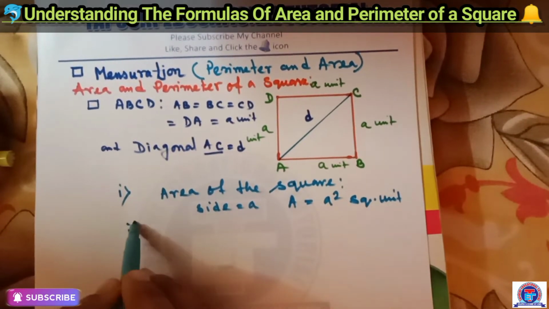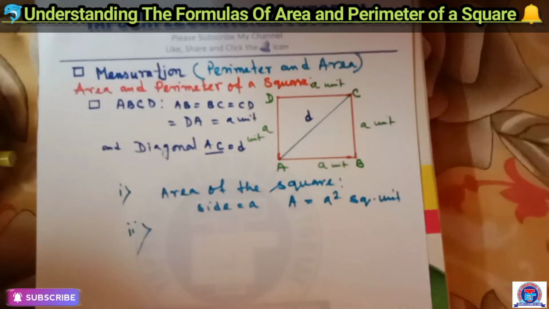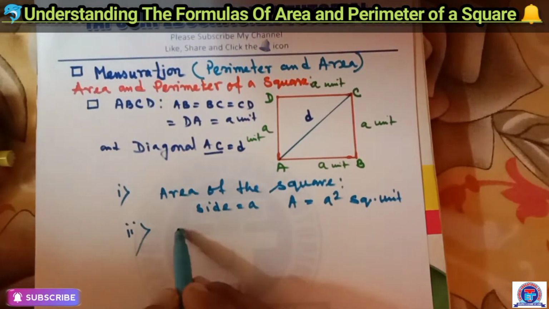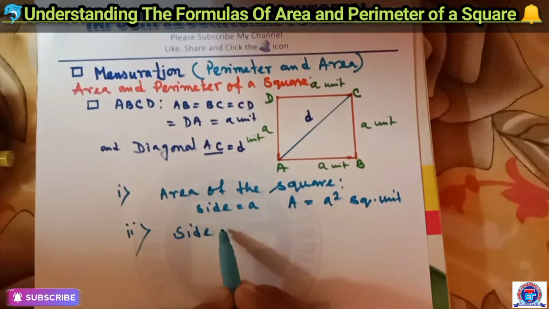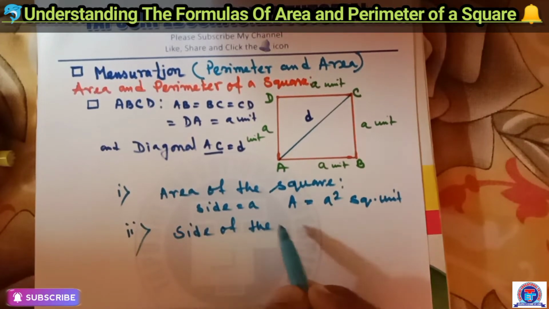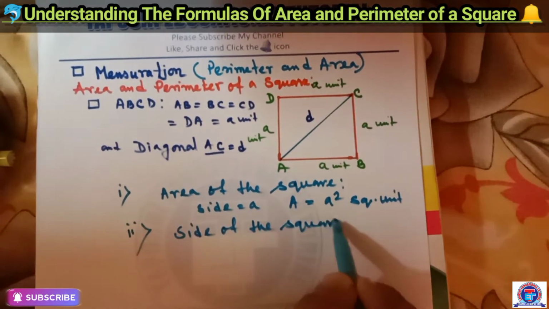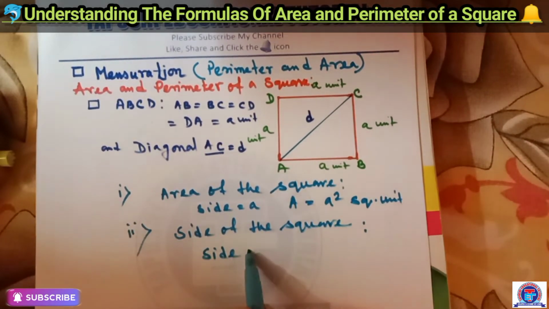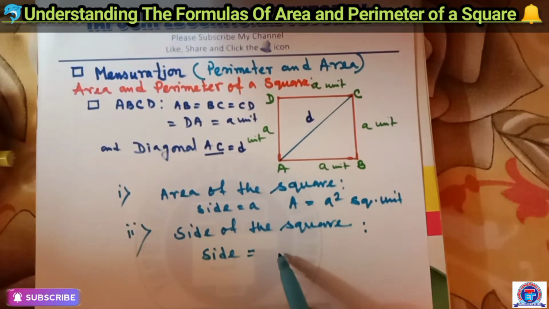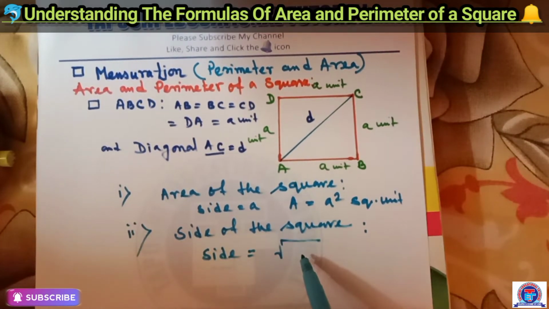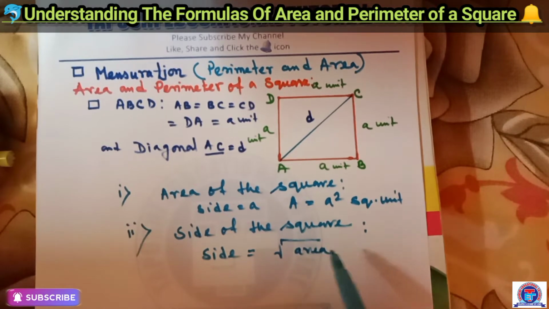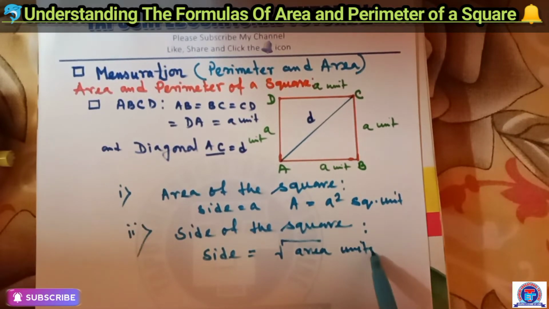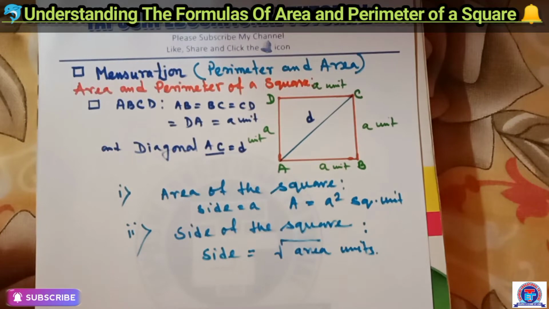Number two, side of the square. So we write side is equal to under root area units. Correct?